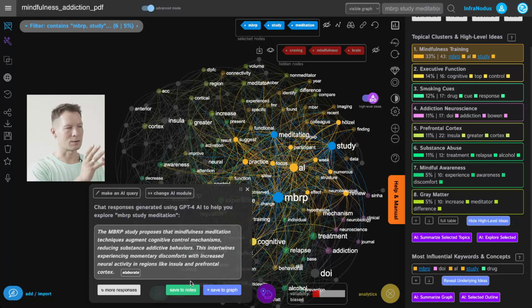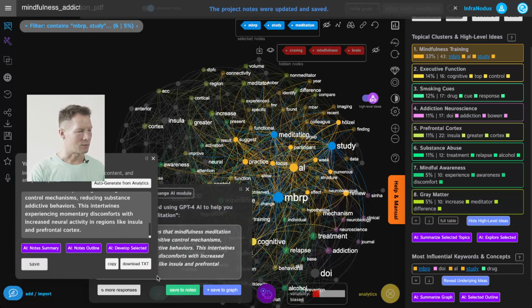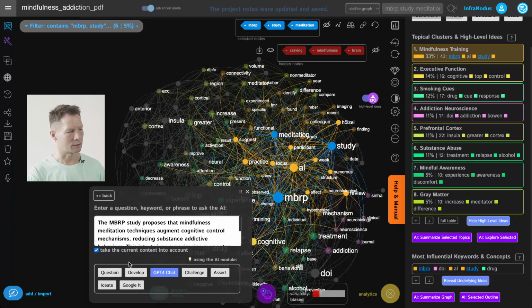And you're using the knowledge graph and the connections in combination with AI to generate ideas, and then when you see something you like, you save them to your notes, or you ask the AI to elaborate on them by clicking this button here, and then clicking the GPT-4 chat button here.